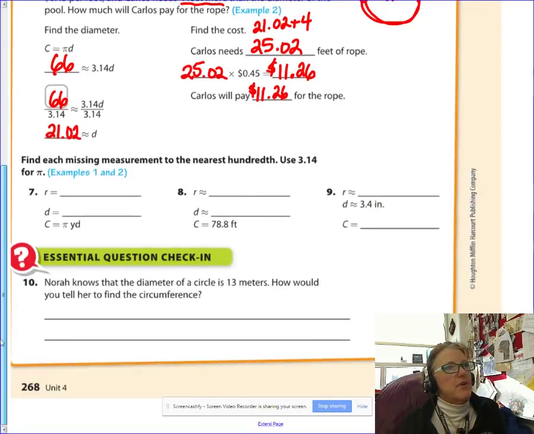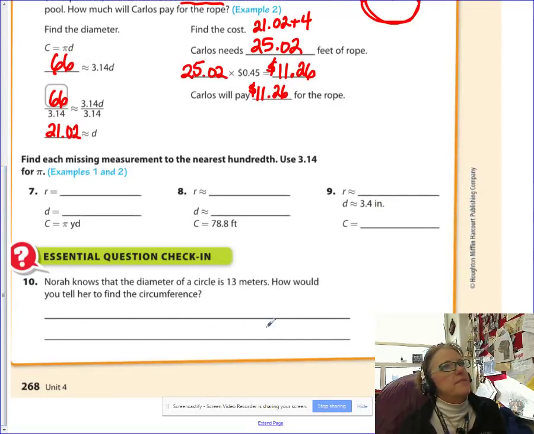All right, let's bring it on home and look at the rest of these. Look at what they tell you. They just say circumference is pi yards. Huh? If the circumference equals pi, that's 3.14159. What's your diameter? If once around the circle is exactly pi, hold on, C equals pi times diameter.